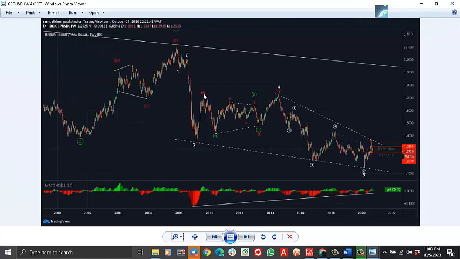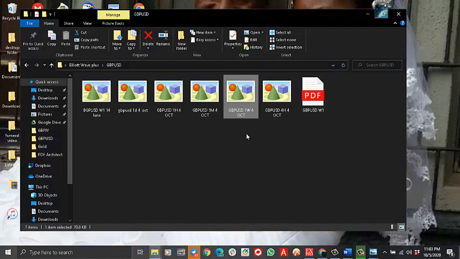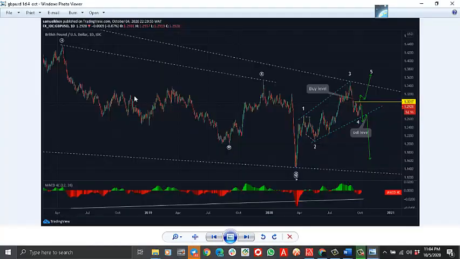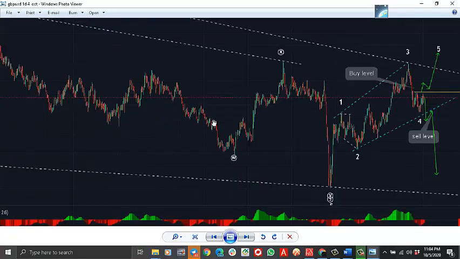but we trade with a lower time frame. So let's go to daily to see what is happening. Sorry, GBP USD daily. So this is the daily chart. What do we have in the daily chart?